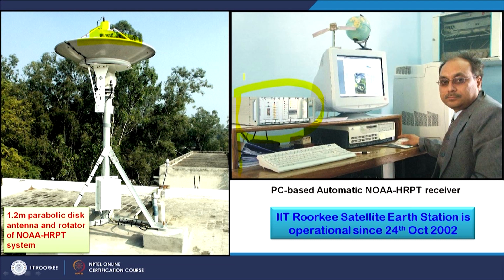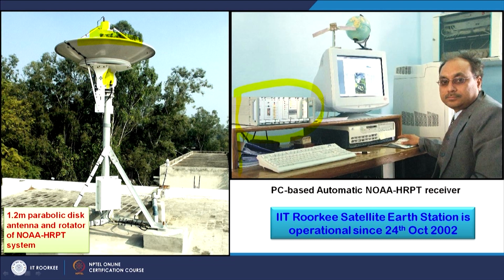Now, the antenna which you are seeing in this NOAA case is a 1.2 meter diameter parabolic disc antenna, and there is a motor here which is a 2 axis rotation motor. That means it can rotate the antenna in the horizontal plane almost 360 degrees, and in the vertical plane 180 degrees.